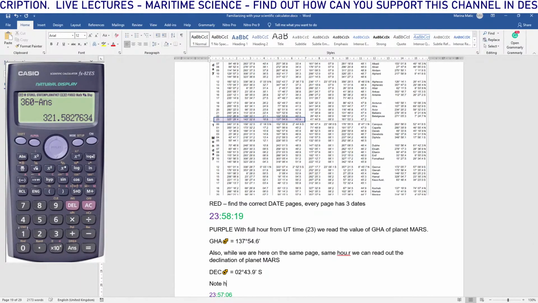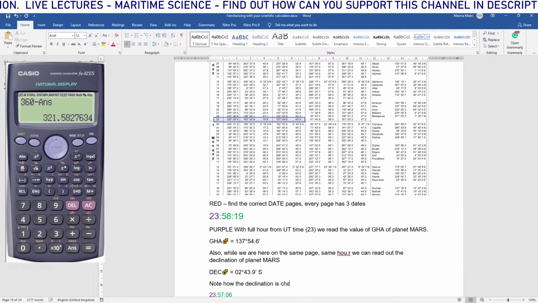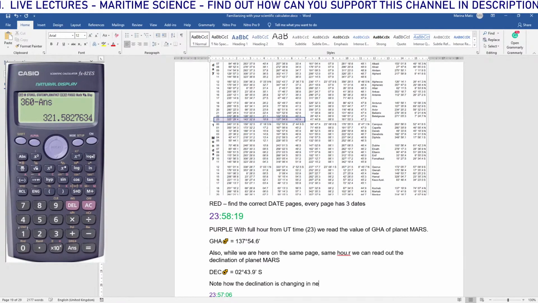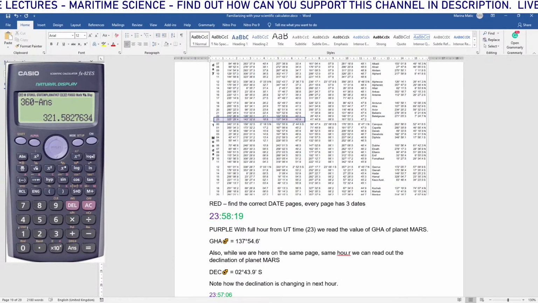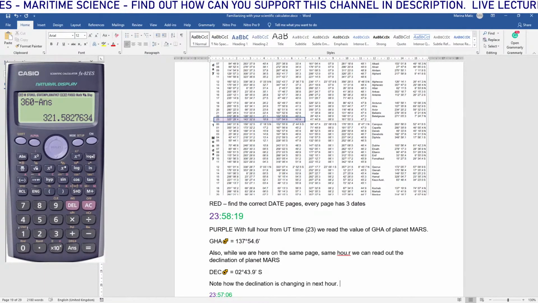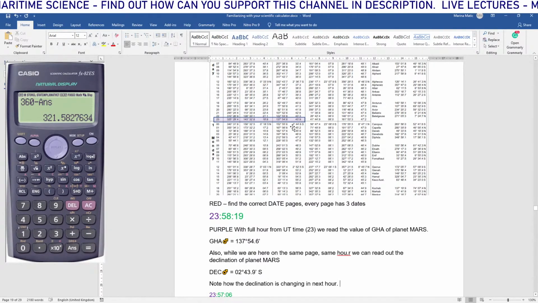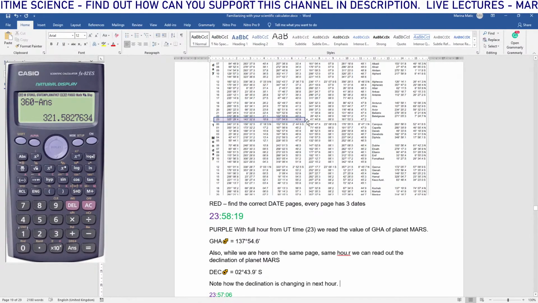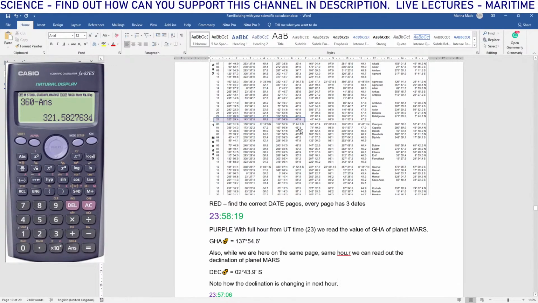Note how the declination is changing in the next hour. That is what we need to look at as well when we are looking at declination of the planet. We need to note what is happening to declination in the next hour. So in our case, declination of Mars is 43.9 south. In the next hour, it's 44.6 south.